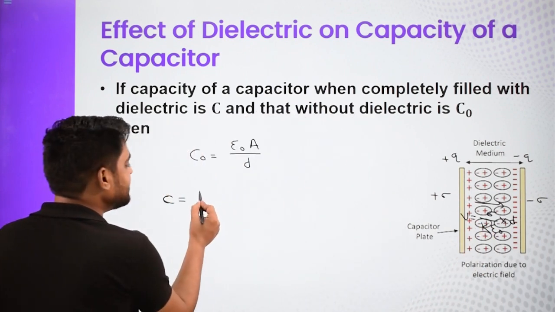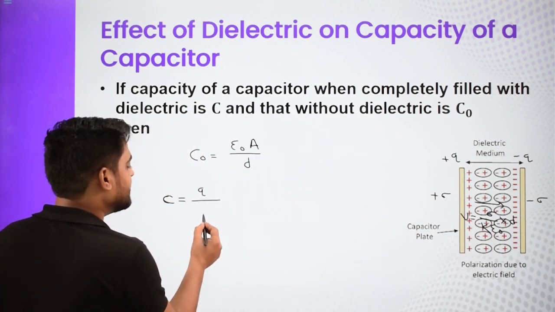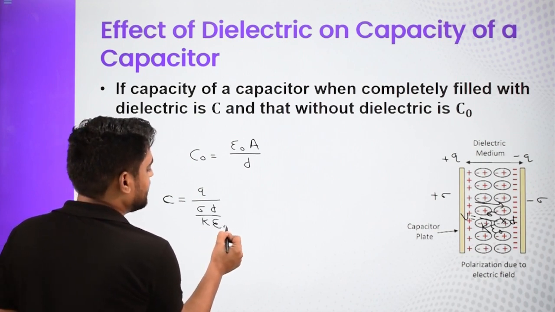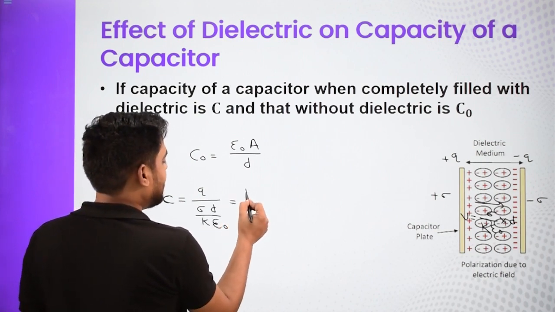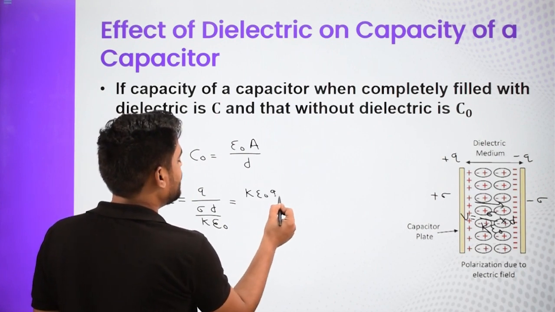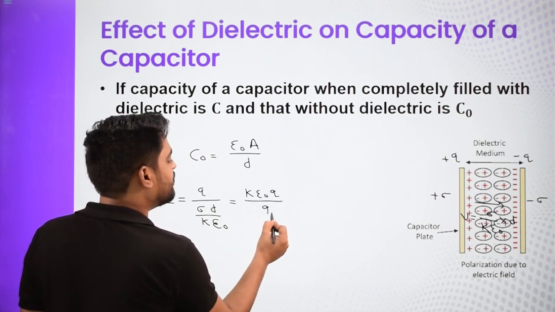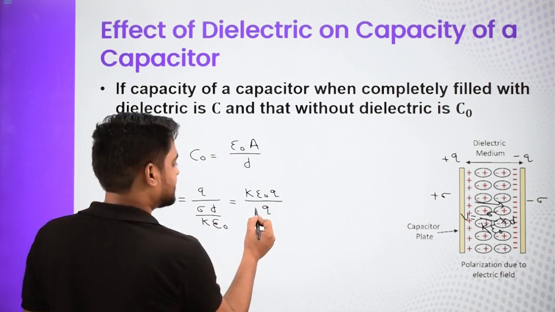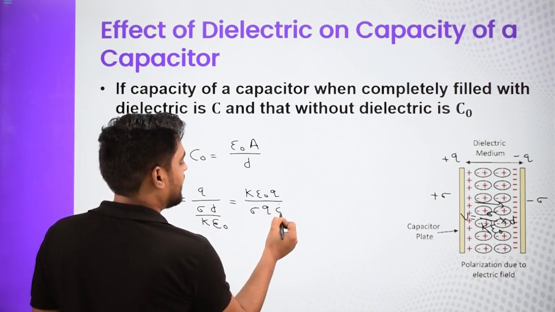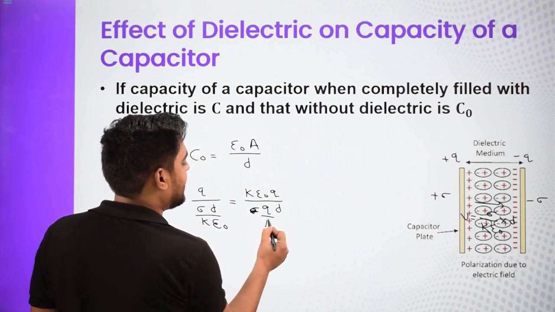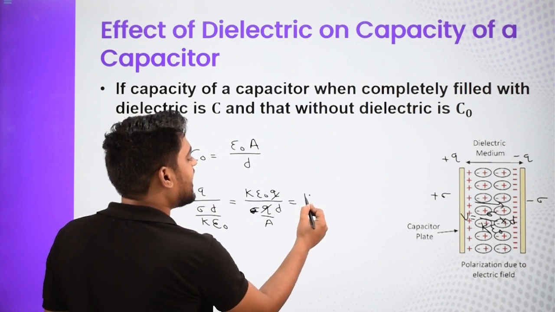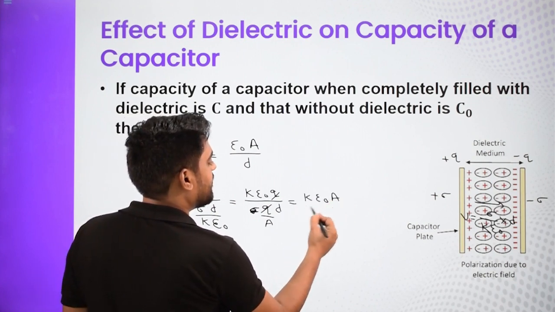So C is nothing but Q by V, V is sigma D by K epsilon naught, and eventually I get K epsilon naught Q by sigma D, and sigma itself is Q by A. So this Q gets cancelled, this A goes here, and we get K epsilon naught A by D.